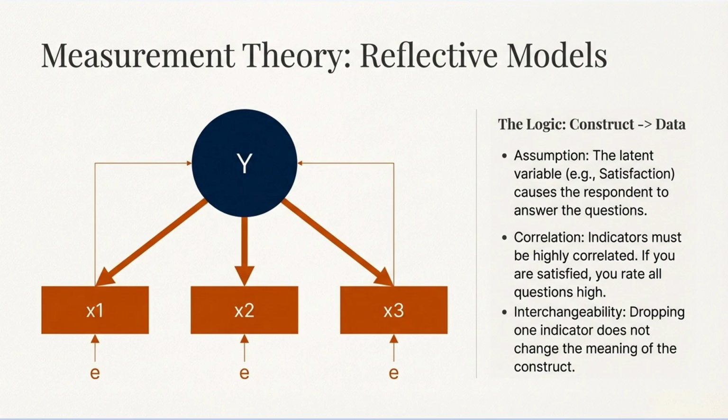The assumption is that the latent variable exists first and it influences how people respond to survey questions. For example, if a student has high academic stress, they are likely to report sleep problems, anxiety, and difficulty in concentrating. So these indicators move together because they reflect the same underlying condition.